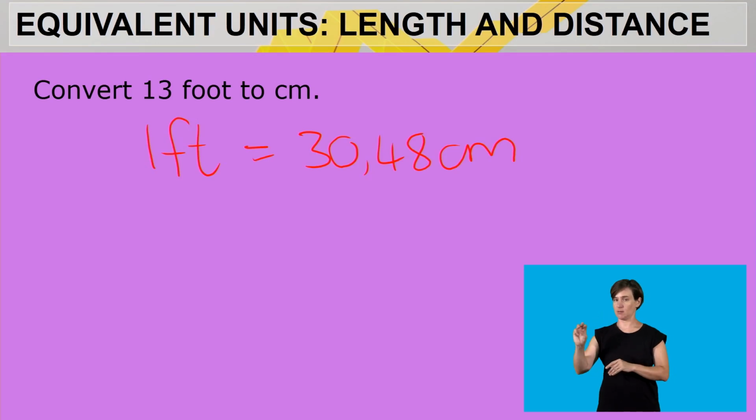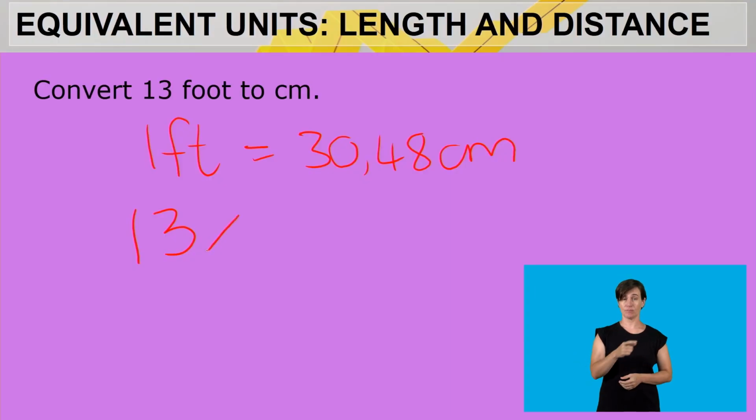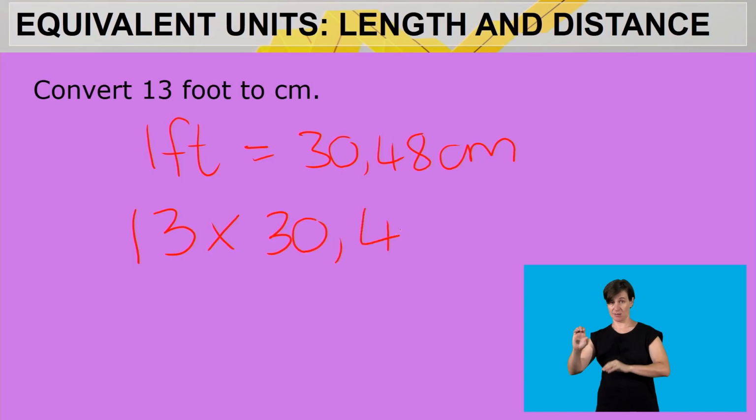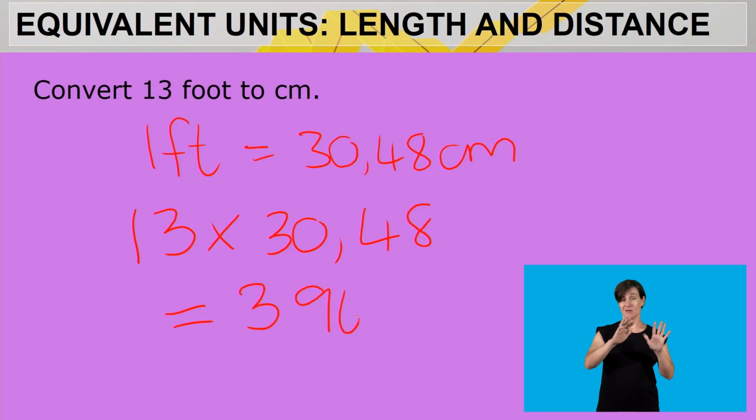What are we going to do? We are going to multiply. So now we will say 13 times the 30.48, and then your answer will be 396.24, and we are now in centimeters. Remember to show your units. Always show your units so that you know what you are doing.